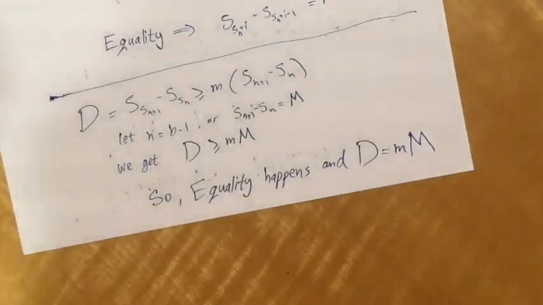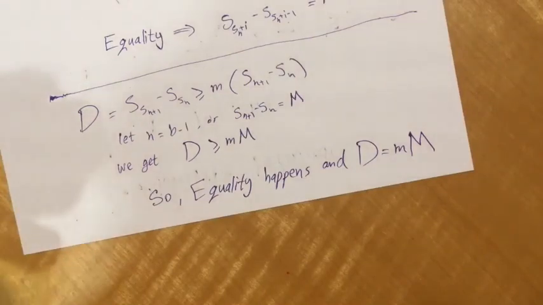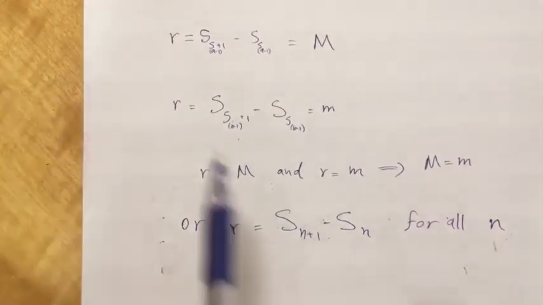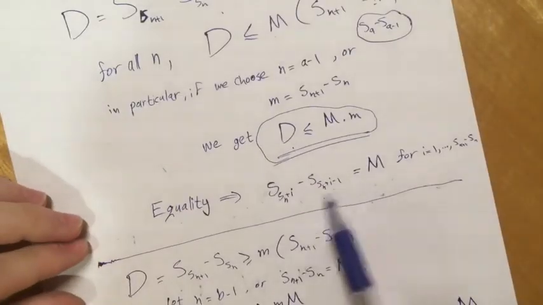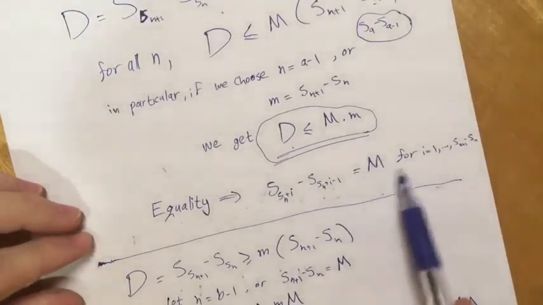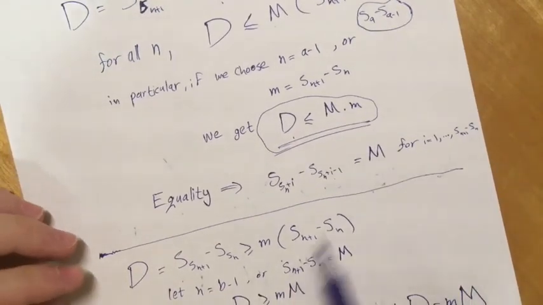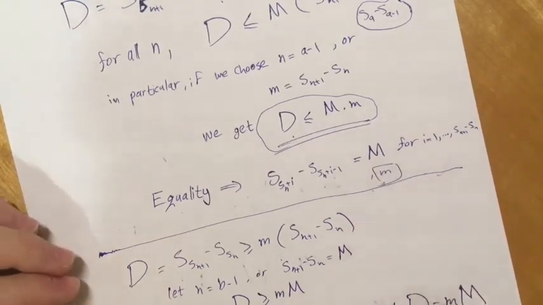Now we're almost done. Let's examine the equality and see why it gives us an arithmetic progression. When equality happened, we said all the small differences have to be equal to the largest possible one, and for equality to hold here, all the small differences have to be equal to the smallest possible one.